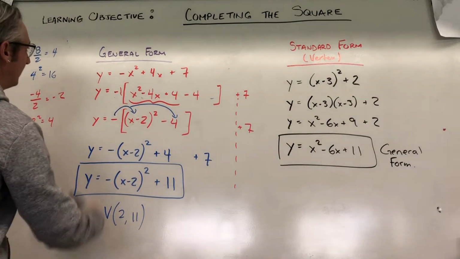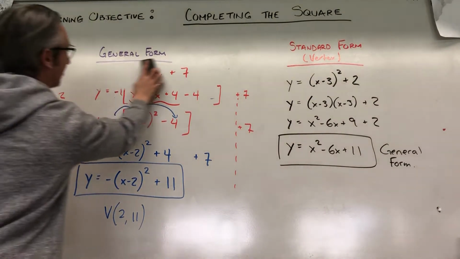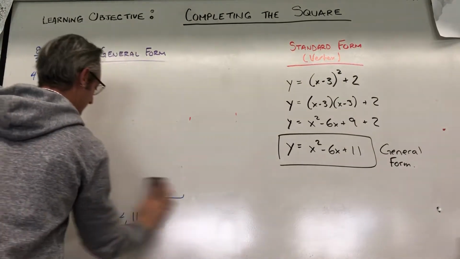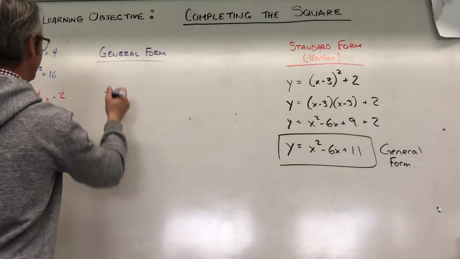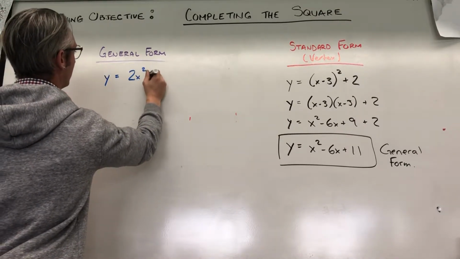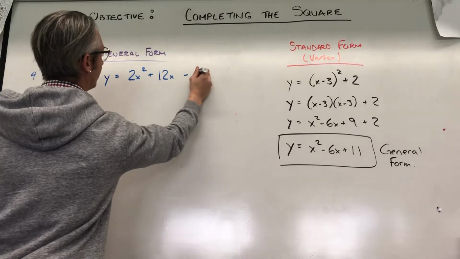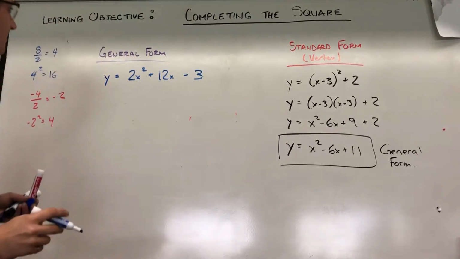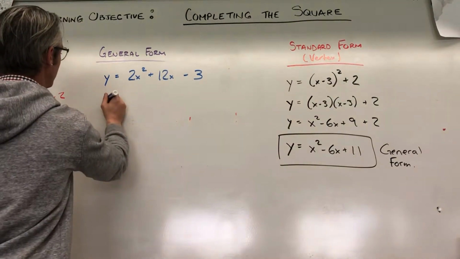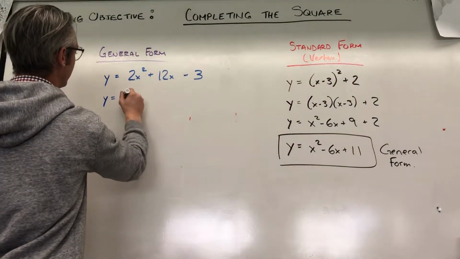Okay, now let's have one where we have a number in front of the x squared. So let's say I have y is equal to 2x squared plus 12x minus 3. Again, I don't want any number in front of my x squared. So the first thing I'm going to do is take out a 2, a positive 2.